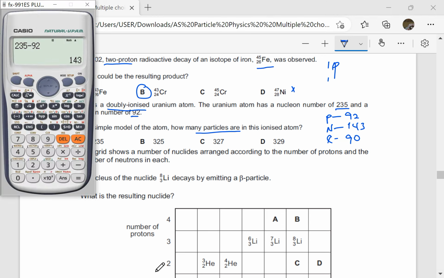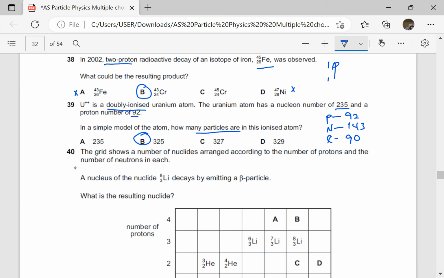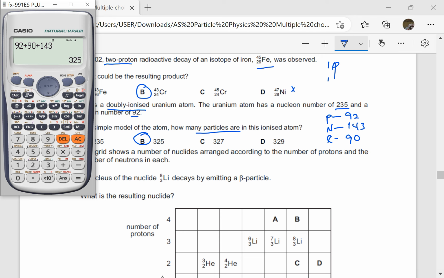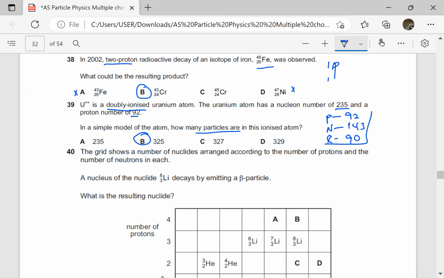So we can sum up and verify: 92 plus 90 plus 143 is 325. So the total number of particles is 325. Because it is U++, the number of electrons is less than the proton number by 2.